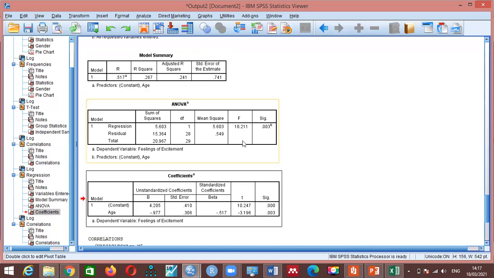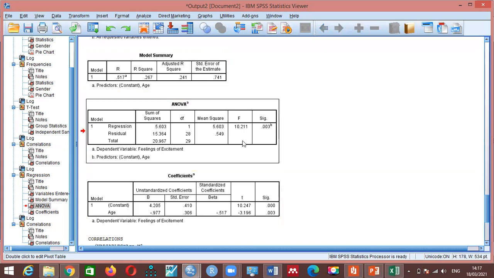So how do we put this? We now say there is a significant negative effect of age on feelings of excitement. Or we can put it this way, that age significantly affects feelings of excitement negatively. That is to say, as people get older, the feelings of excitement reduce.